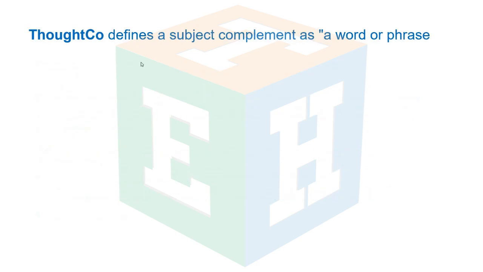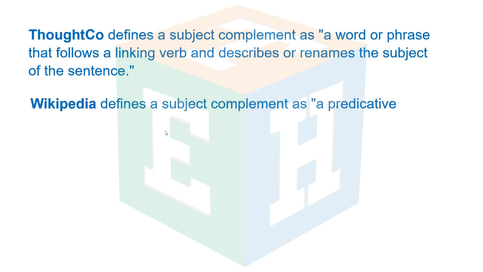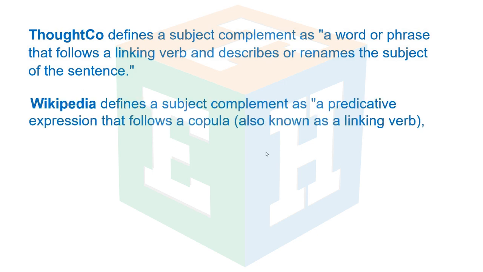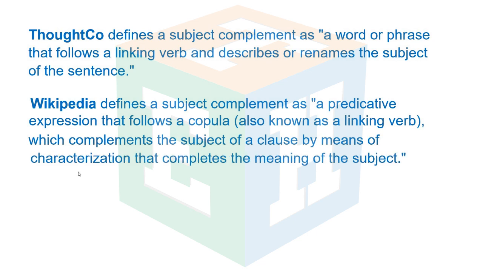ThoughtCo defines a subject complement as a word or phrase that follows a linking verb and describes or renames the subject of the sentence. Wikipedia defines a subject complement as a predicative expression that follows a copula, also known as a linking verb, which complements the subject of a clause by means of characterization that completes the meaning of the subject.